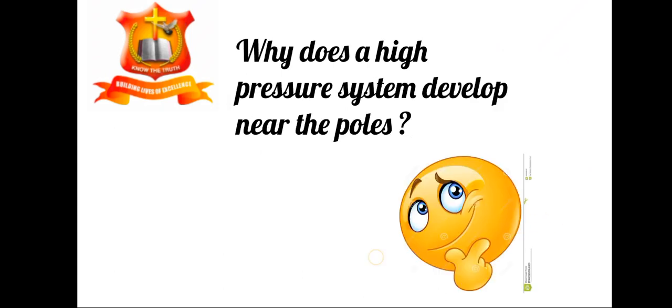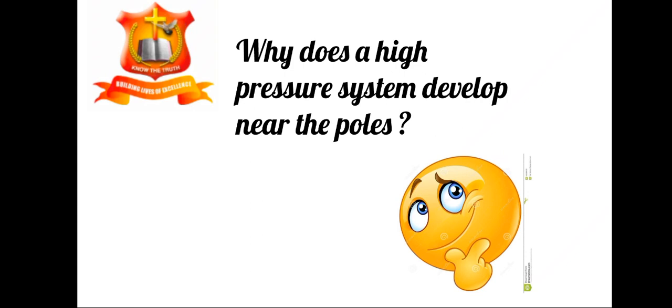Got it? Now, why does a high pressure system develop near the poles? The polar regions, as you know, are the frigid zone. The sun rays that reach here are very slanting.